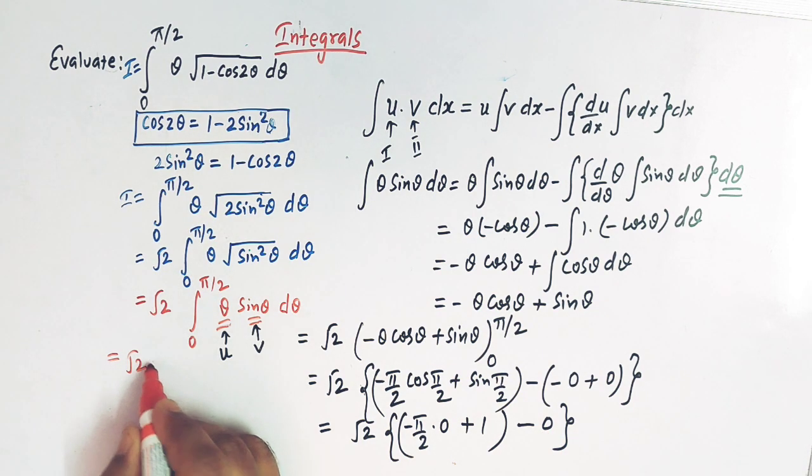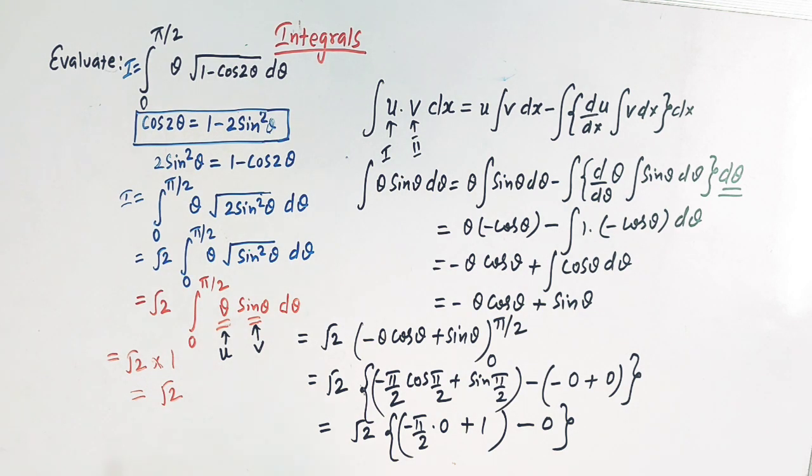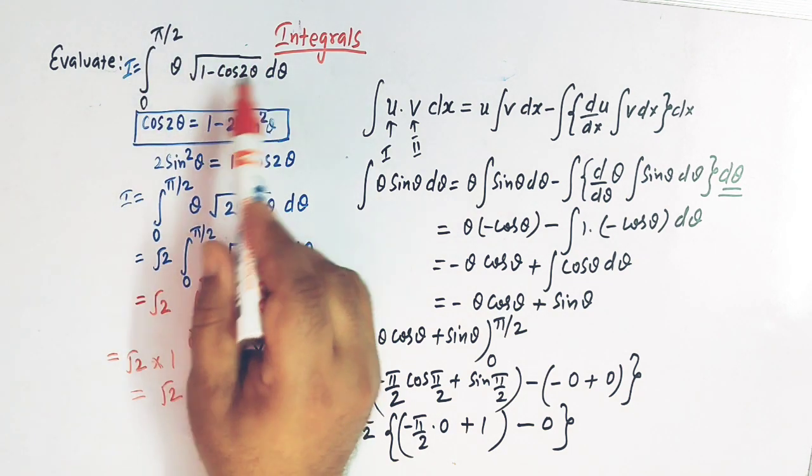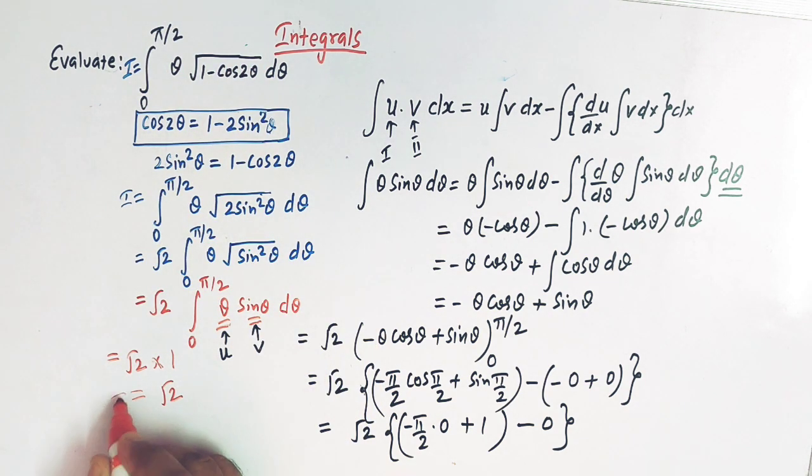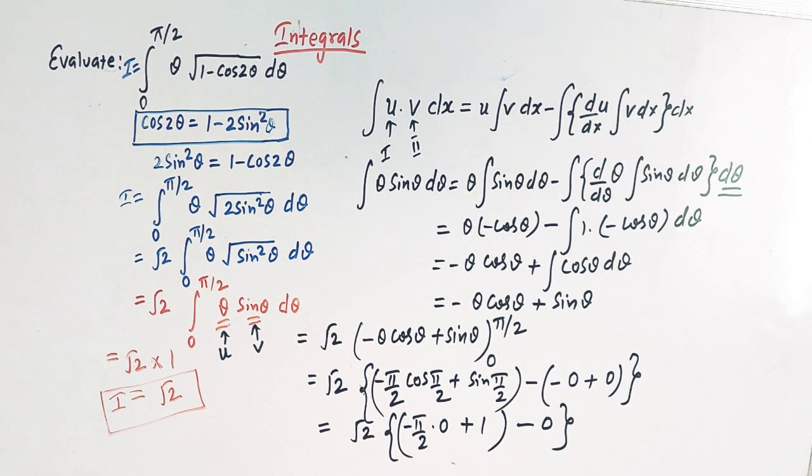So we have square root of 2 times 1, and that is equal to square root of 2, right? So viewers, the value of this integral is equal to square root of 2, and this is how we can solve these types of definite integrals.